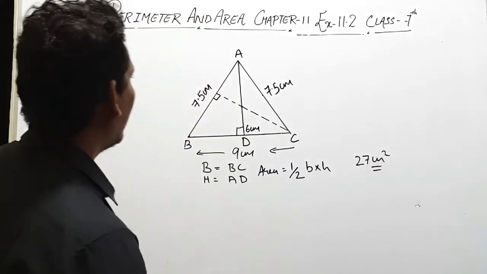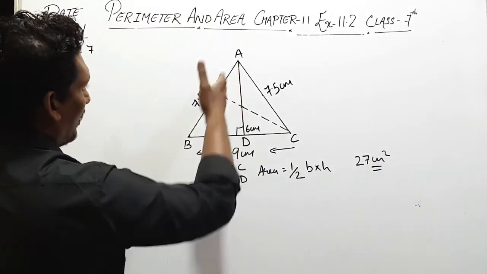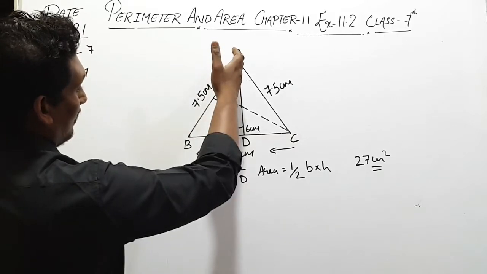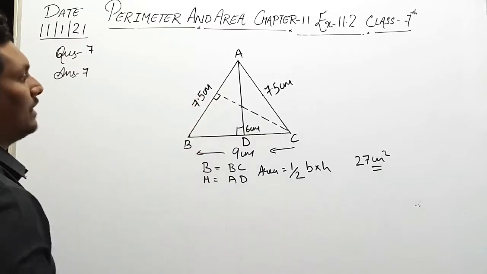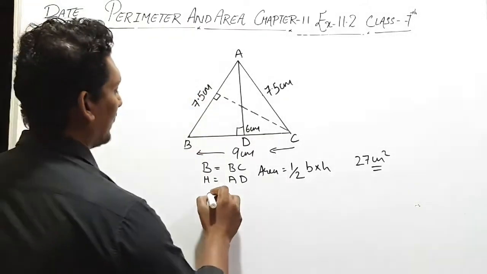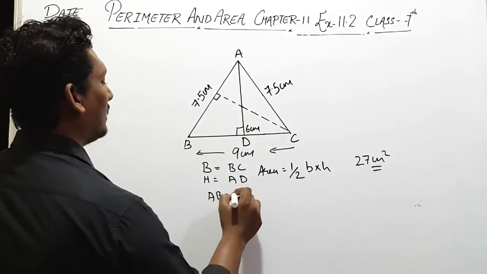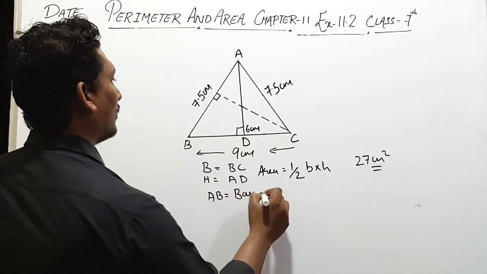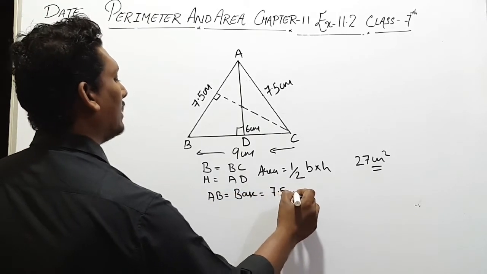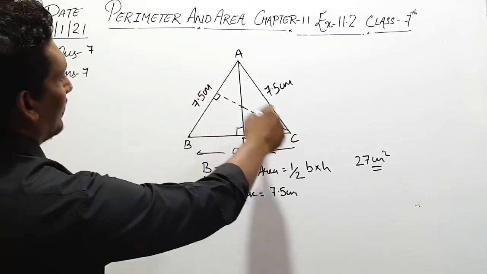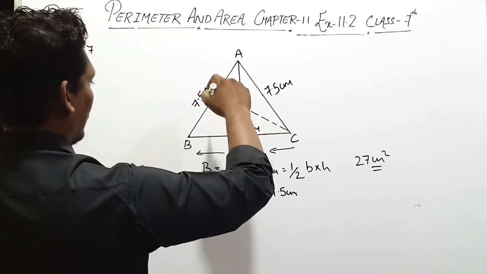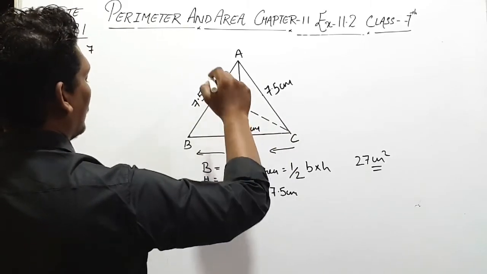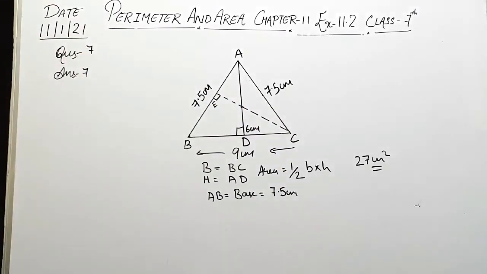Now the next part is for this base AB, that is given what, 7.5 centimeter. So AB is the base given 7.5 centimeter, and the corresponding height, that is CE, I just write it E here, whatever the alphabet is.